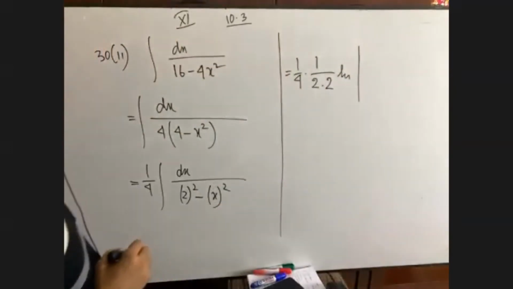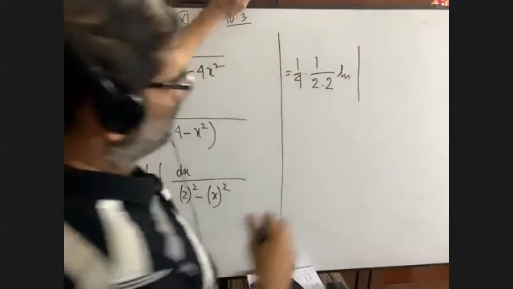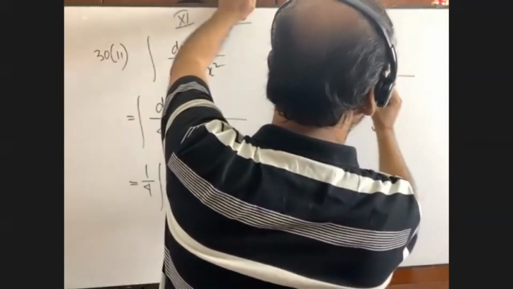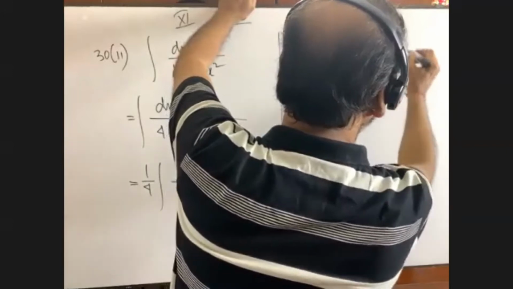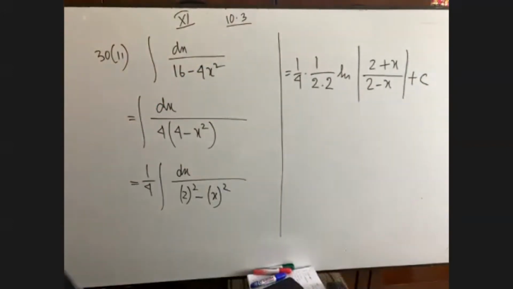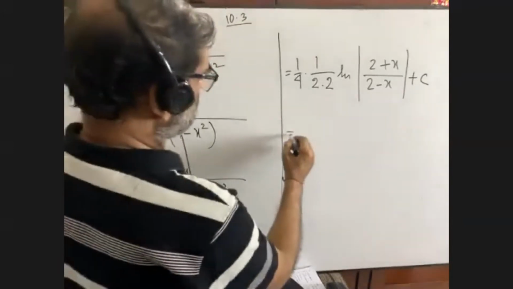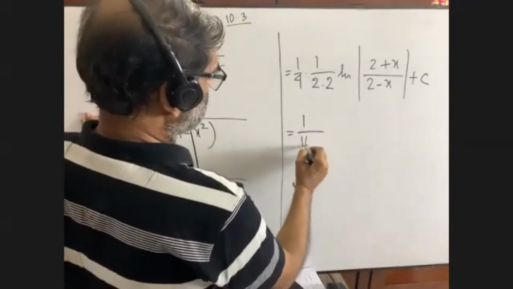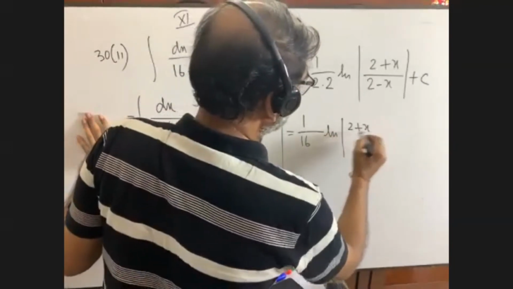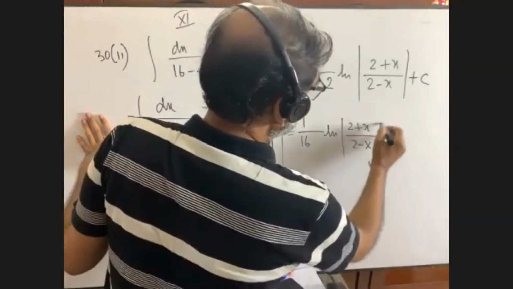Okay, then let me know. Who can tell me? A plus x. Yes, it is a plus x by a minus x plus c. Talk to me. 1 by 16 ln 2 plus x, 2 minus x plus c.